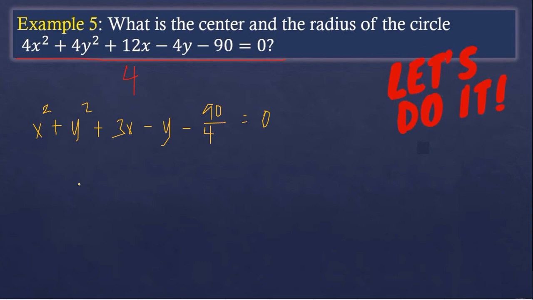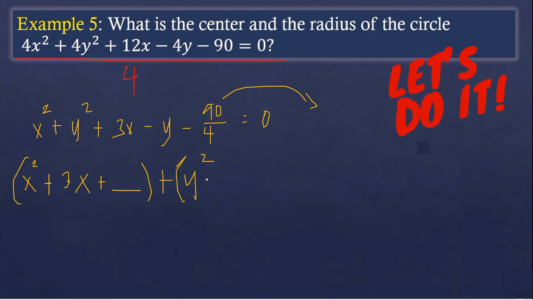So, kukunin nyo dyan yung center and the radius of the circle. Ibig sabihin, yung negative 90 all over 4, ililipat natin yan sa kabila. So, magiging x squared, completing the square to 3x plus y squared minus y plus equivalent, so negative 90 all over 4.